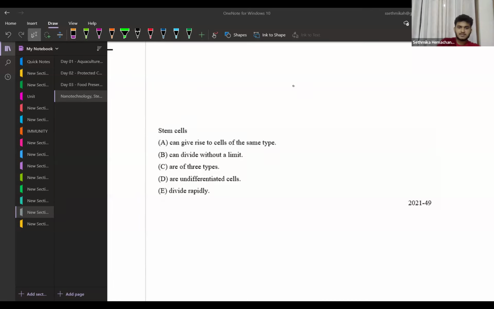Yes, they can give rise to cells of the same type, right? These stem cells can give rise to stem cells. Can divide without a limit? Yes, they can. Are of three types? No, they are of two types, adult stem cells and embryonic stem cells. Are undifferentiated cells? Yes. Divide rapidly? No, they divide slowly. So ABD, the first one, is the answer. So very easy, right?